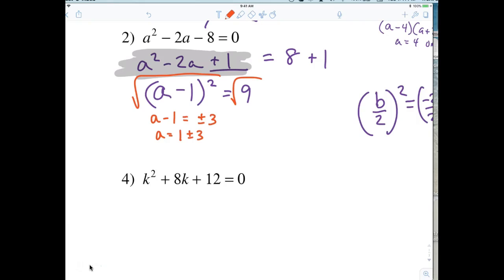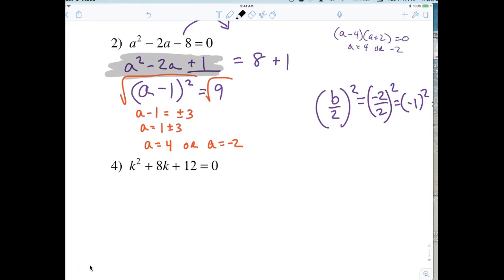So now a is equal to, what's 1 plus 3? 4. Or what's 1 minus 3? Or a equals -2. So look back at our original. Is it the same answer?